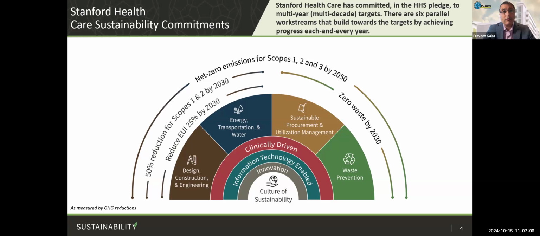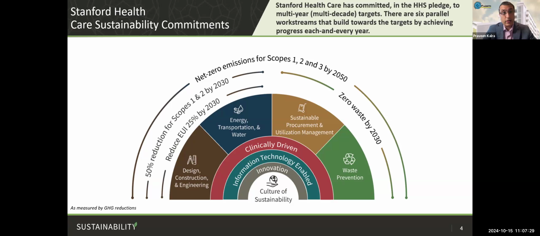Now, after they made these 5 commitments, they basically came up with some extensive targets which they felt we have to meet in the next decade or so. Those targets were reducing our scope 1 and scope 2 emissions by almost 50% by 2030 when we compare ourselves to 2012 as a baseline.